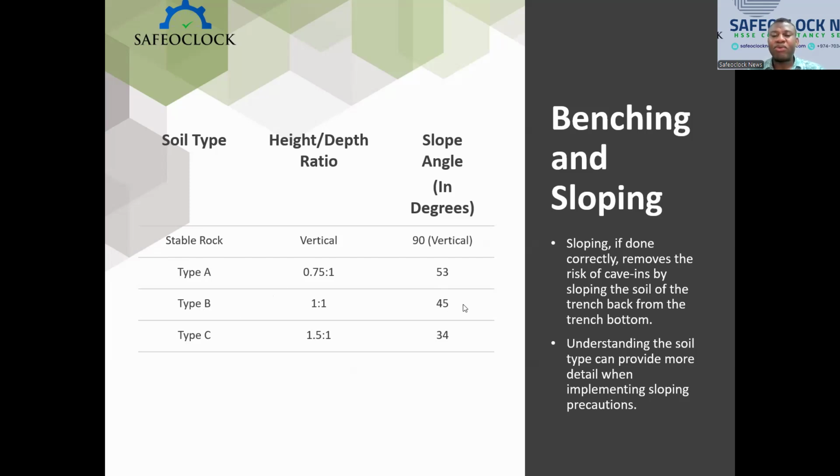If it's type B soil, then the slope must be up to 45 degrees. And if it's type C soil, then the excavation will maintain a 34 degrees slope. This will ensure that the excavated walls do not collapse. There is no caving, and the soil itself does not move because it was excavated in slopes and there is proper benching. So that is for sloping.